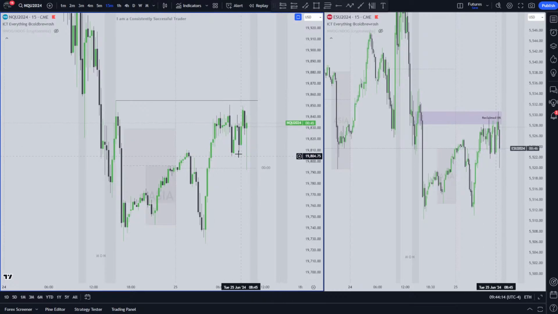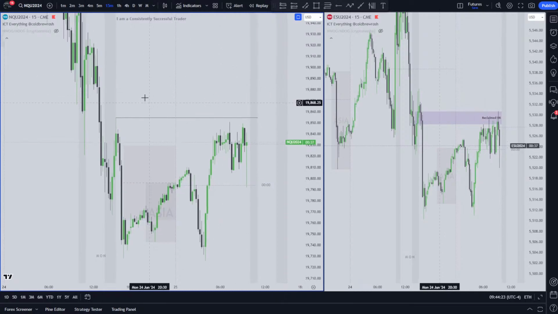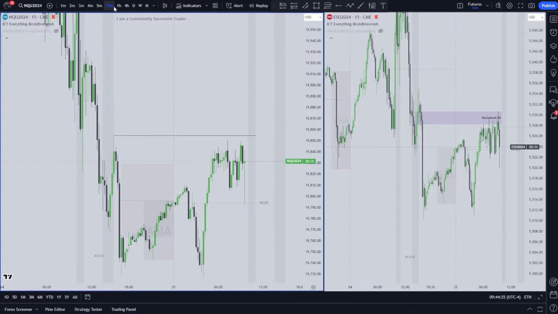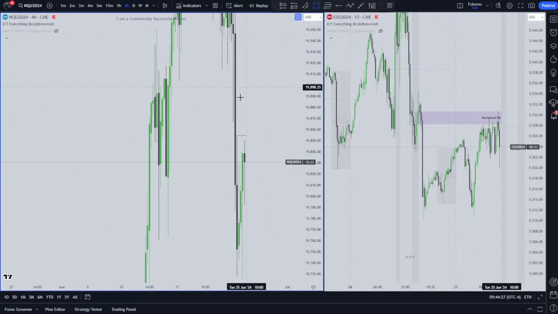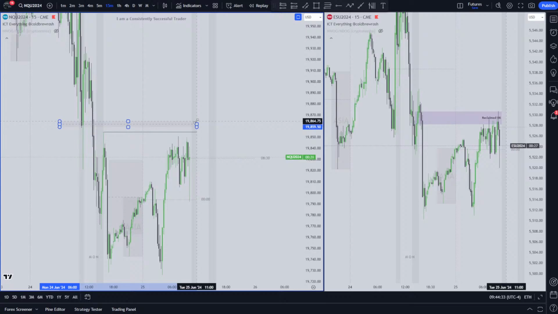Okay, so we had a nice Judas at 9:30, which kind of makes me feel like at 10 o'clock we should get an expansion move. So we might. Wait, how big was this gap on the 4 hour? It's not that big.